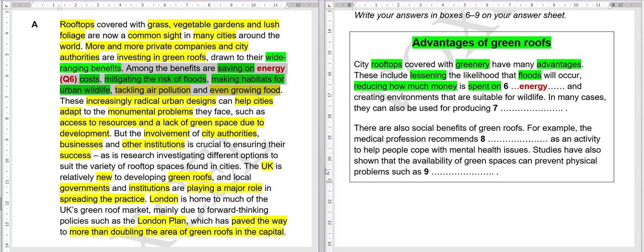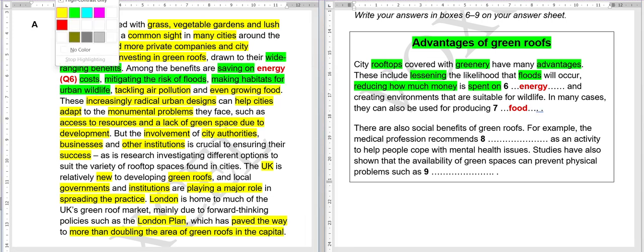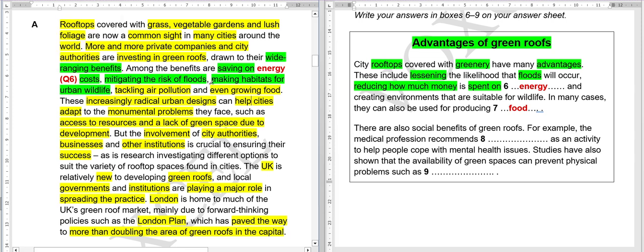Okay, time's up, and the answer to this particular question is yes, food. Let me write it again. I hope you were able to find this particular answer where it is written here. So this is our answer.